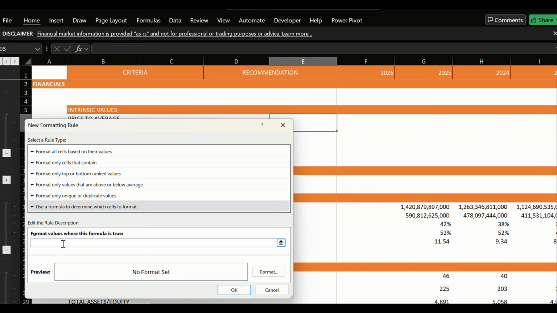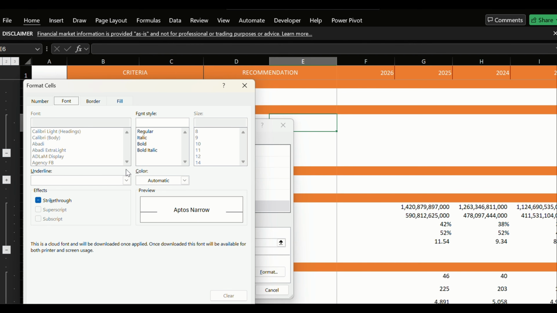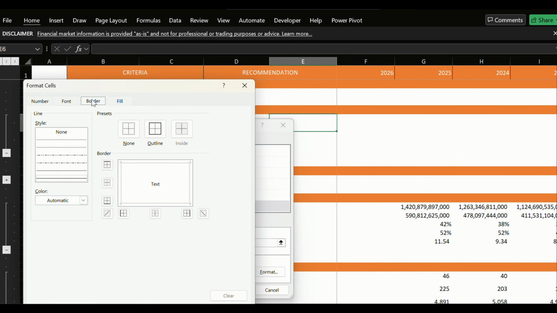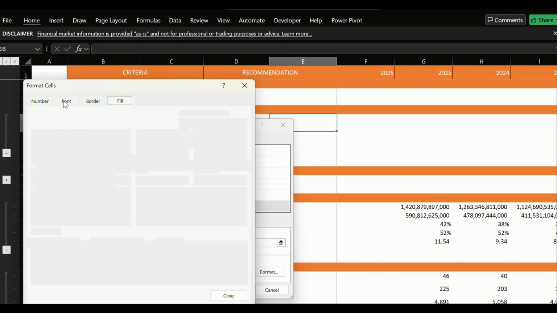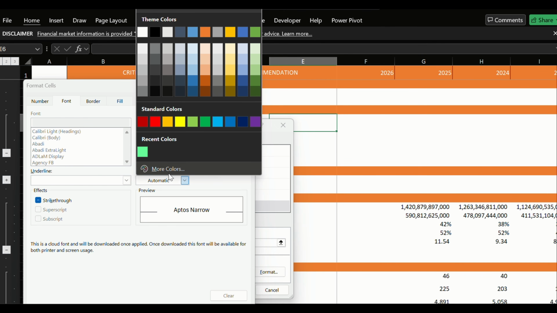You have to go to less than or equal to 15%, format if the format is green. Or let me just set the font to green.